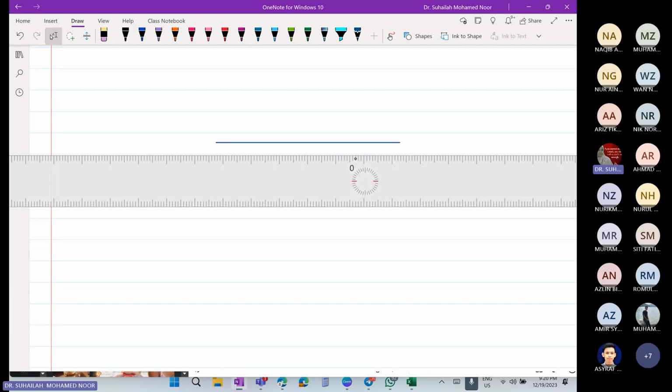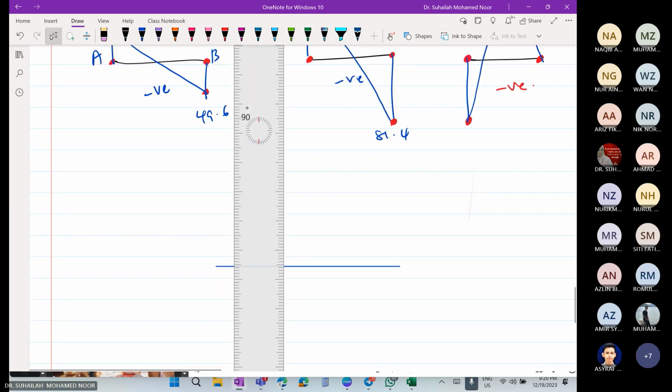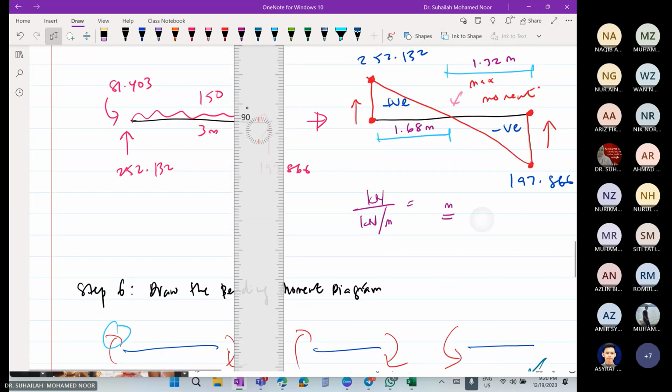So for member CD, the shear force, this one.